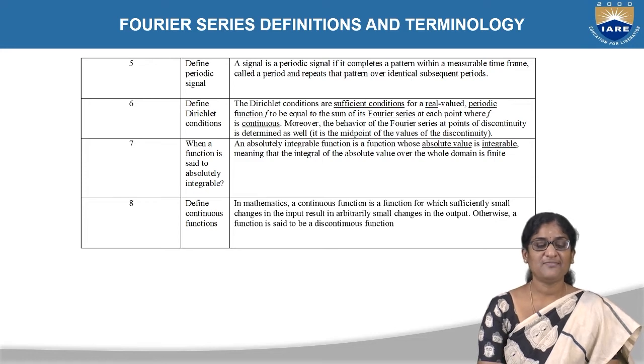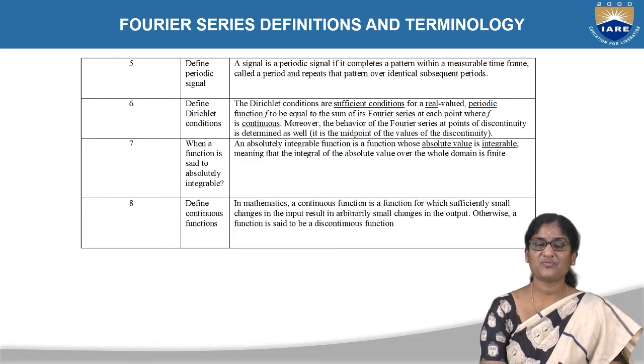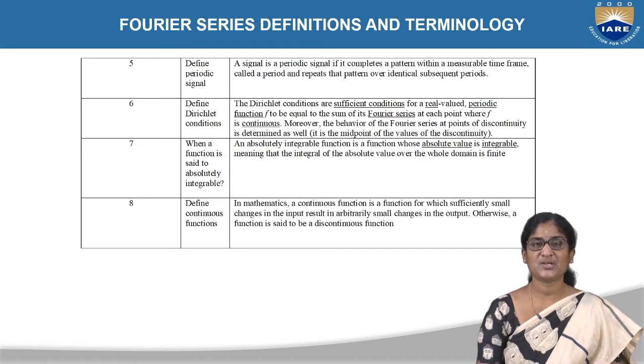Okay. Next, define Dirichlet conditions. I've said that the Fourier series cannot be applied to all functions. It can be applied only to functions which satisfy the Dirichlet conditions. For those types of functions only, the Fourier series can be applicable. So what are the Dirichlet conditions?